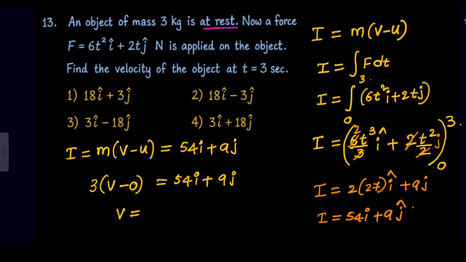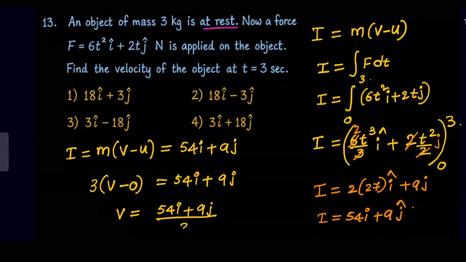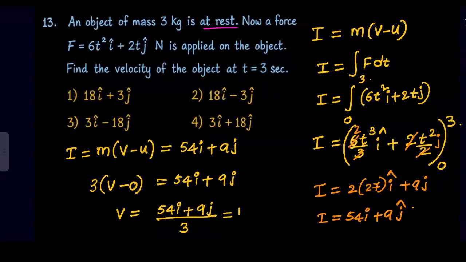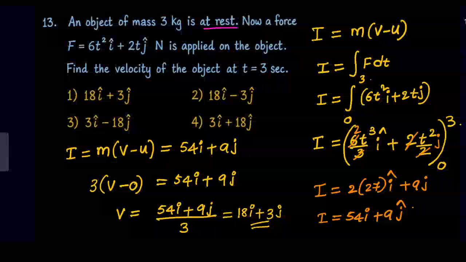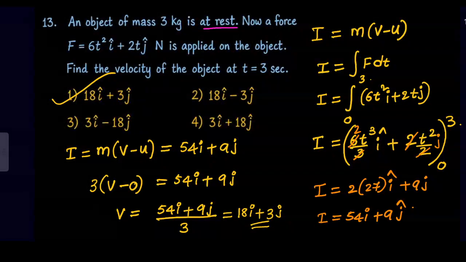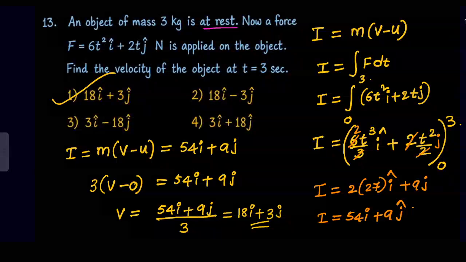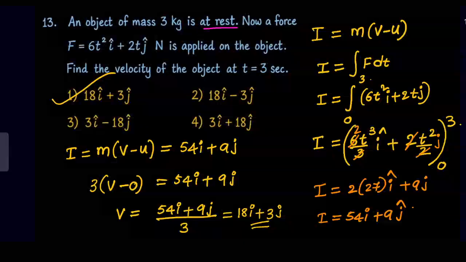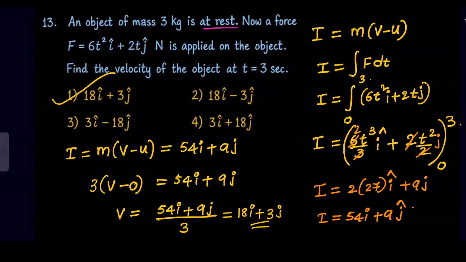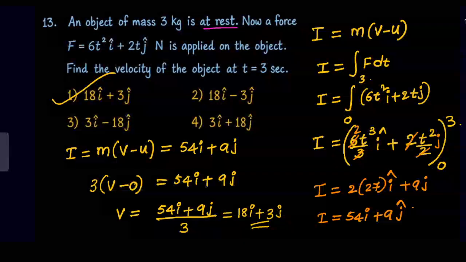That means v is equal to 54i plus 9j by 3. So how much will come here? 18i plus 3j. So this is the option. Here the thing is force is a function of time, so that's why we have to do the integration method in this case.